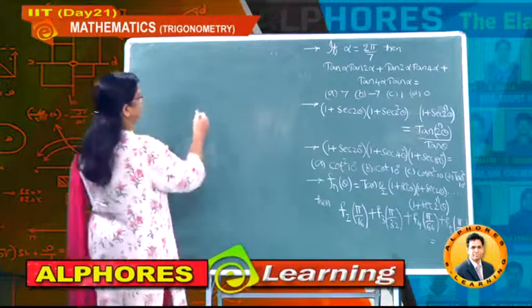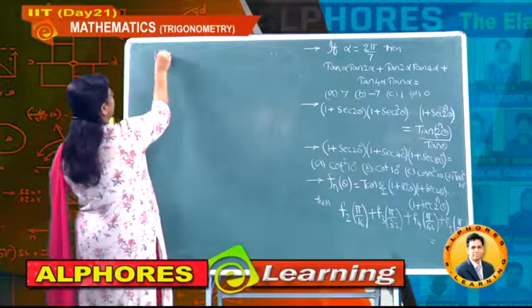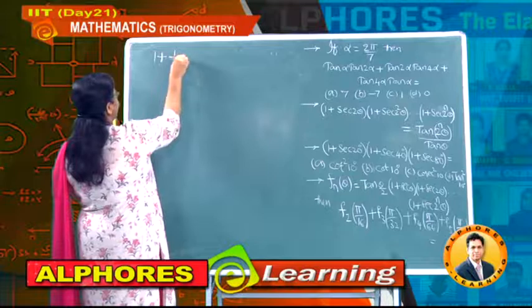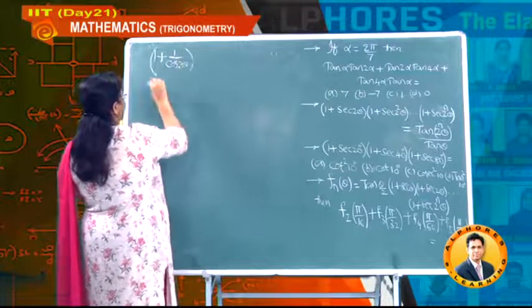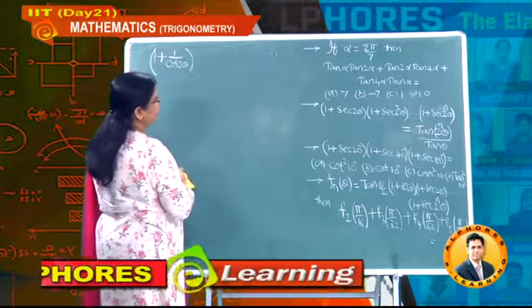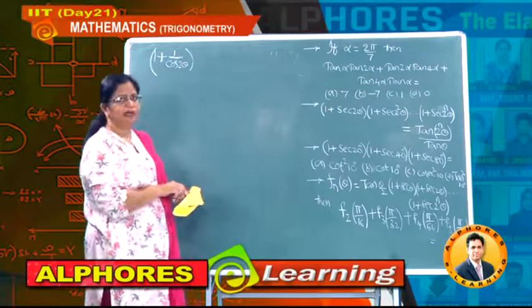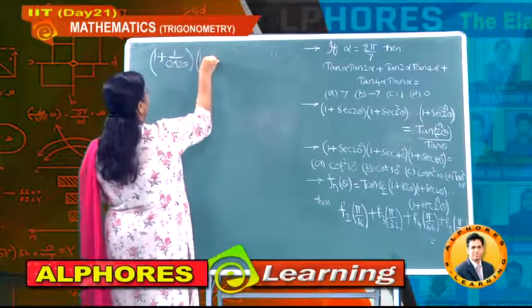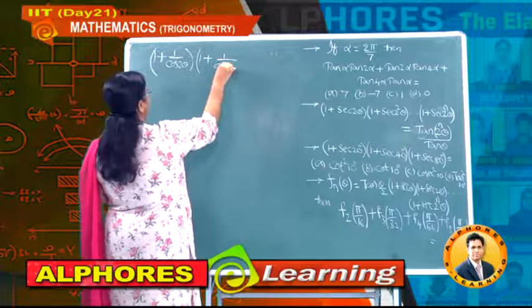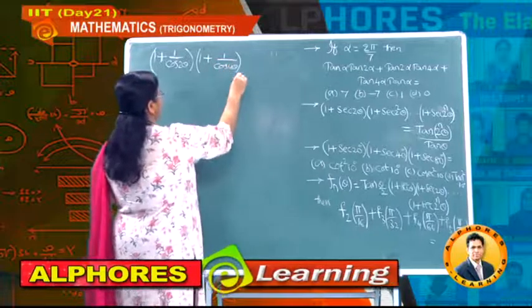So what will happen? It is 1 plus 1 divided by cos 2 theta. Okay, and next, we write 1 plus secant 2 square theta. Secant 2 square theta means 1 plus 1 by cos 4 theta. Okay, 2 square, etc.